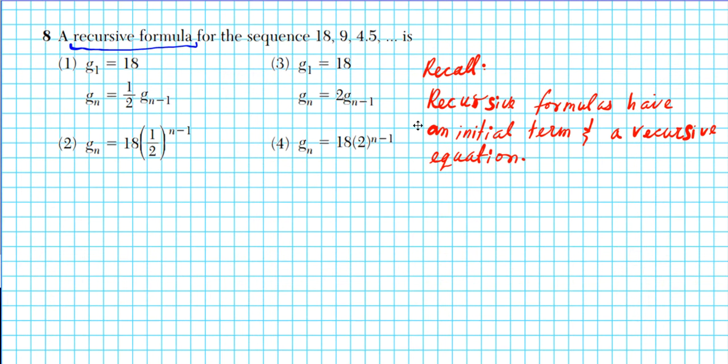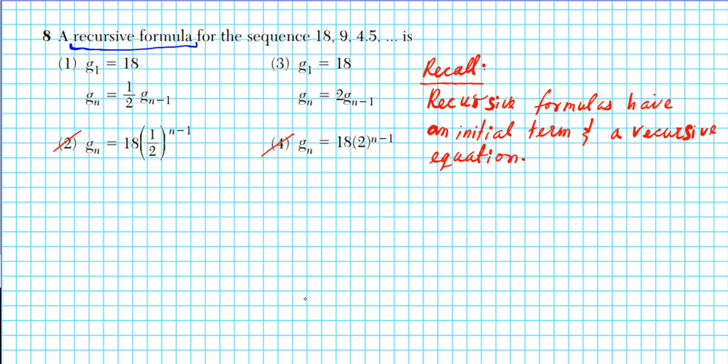Now, just with this fact alone, based on the definition of what a recursive formula is, we can eliminate options from 1 to 4. Take a look at 1. We have an initial term and a formula. Good. 3, we have an initial term and a recursive equation. Good. 2 and 4 are not recursive formulas.